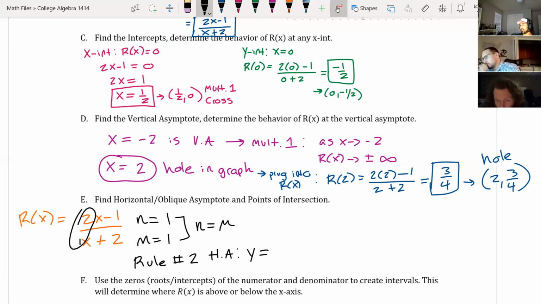Well, what's my horizontal asymptote going to be? y equals 2. There we go. Okay. And then last is points of intersection.